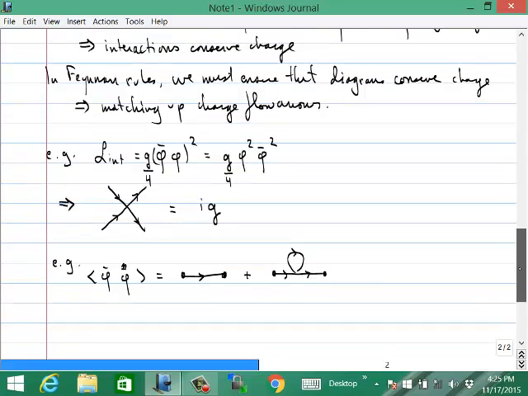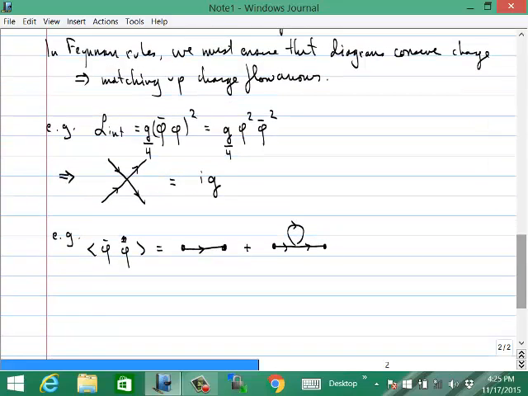Let me give you a slightly more sophisticated example, one which will be very similar to the theories a little closer to electrodynamics.